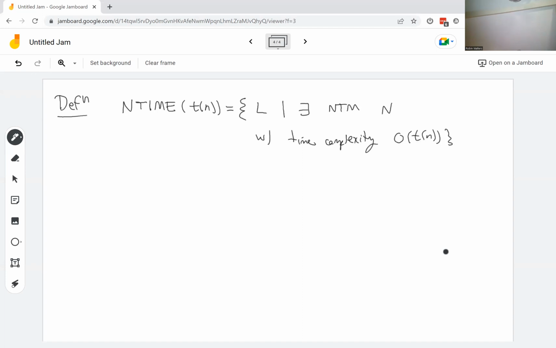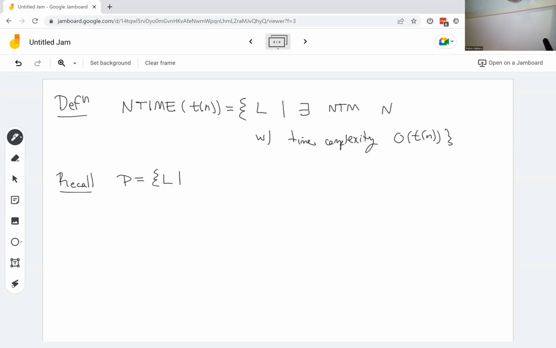And we defined P, right? So recall that P was the class of languages that can be decided in polynomial time.